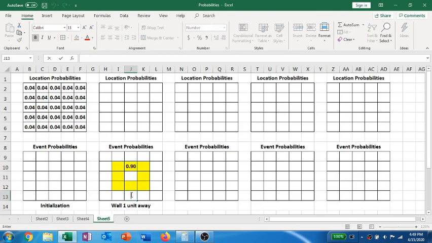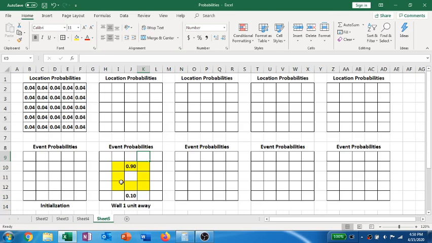So that means there's a 10%, or 0.1 probability that the wall is more than or less than 1 unit away. Basically saying there's a 10% chance that this is wrong.